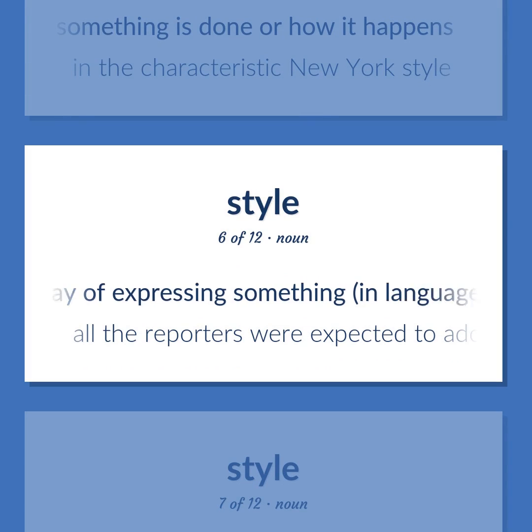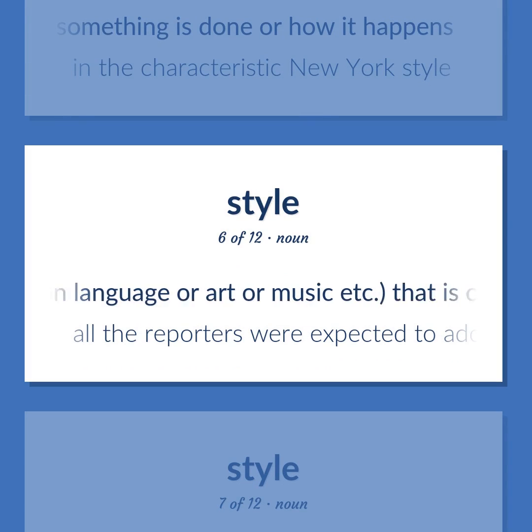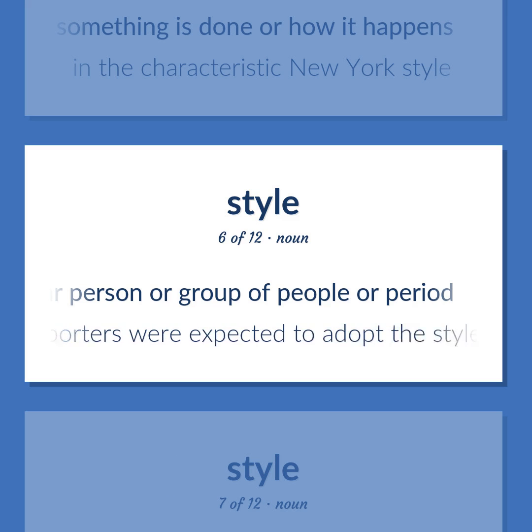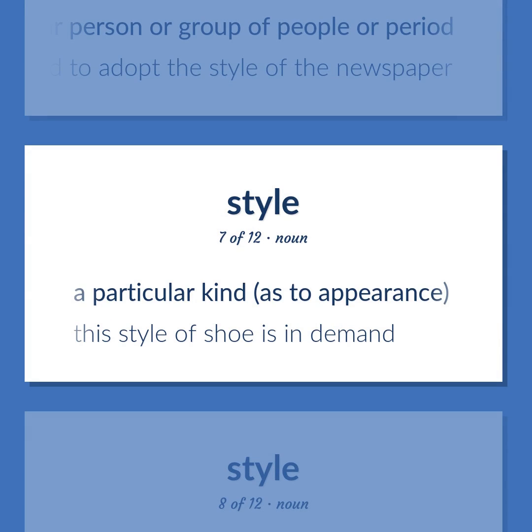A way of expressing something, in language or art or music etc. that is characteristic of a particular person or group of people or period. All the reporters were expected to adopt the style of the newspaper. A particular kind, as to appearance. This style of shoe is in demand.